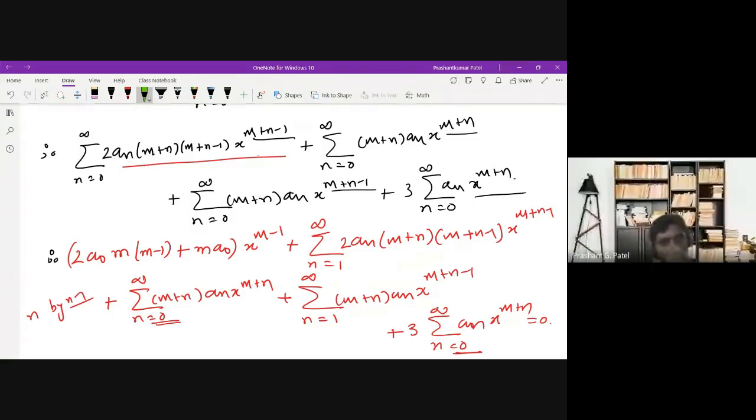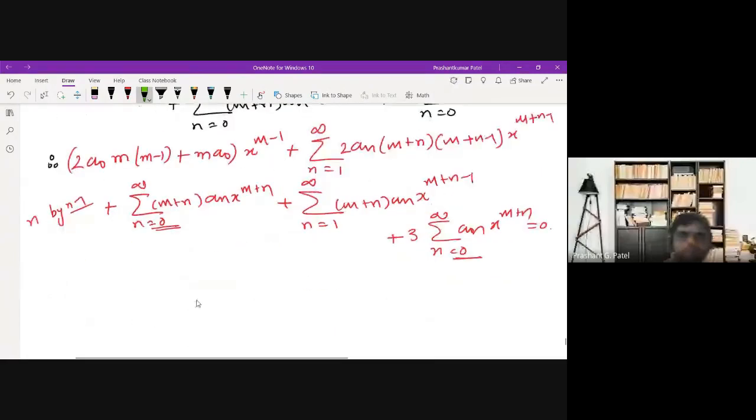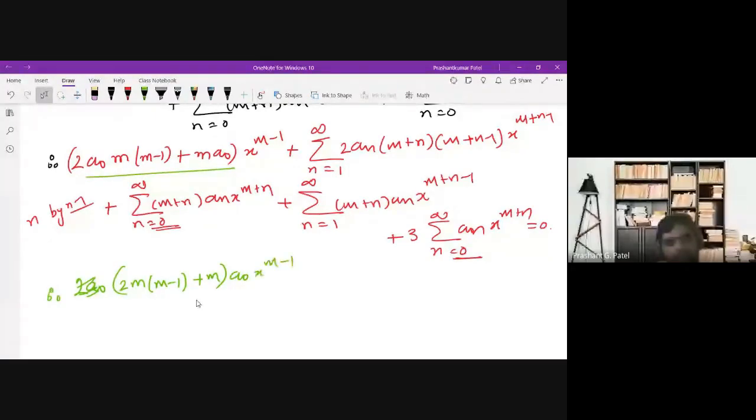If I replace n by n minus 1, instead of starting with 0, it will now start with 1. Okay, so let me write that down again. So it is 2 into a0, a0 I'm also taking common, into this 2. So it is 2 into m into m minus 1 plus m, a0 x power m minus 1.